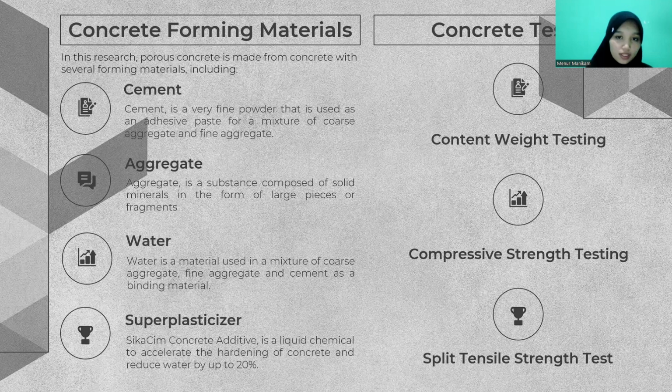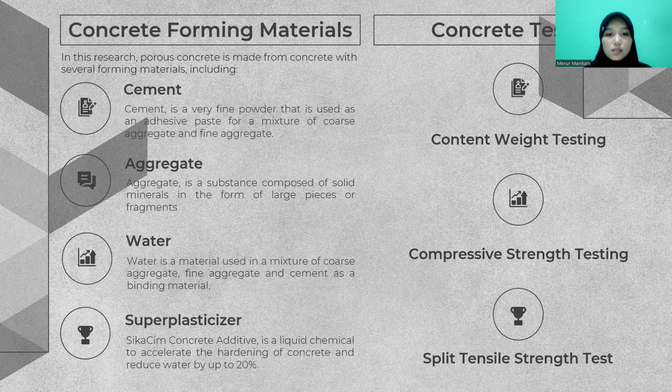And the other 9 are concrete with superplasticizer. Compressive strength testing is conducted when the concrete reaches the age of 14 and 28 days.